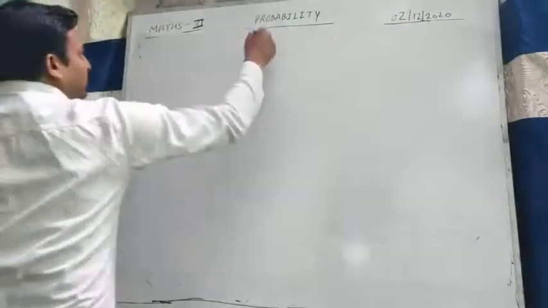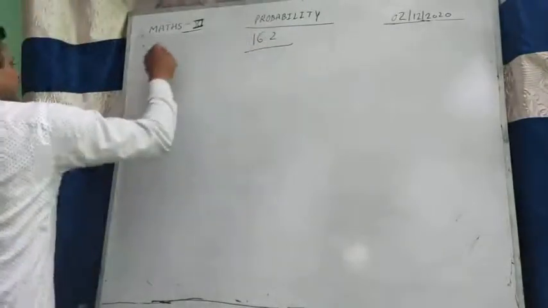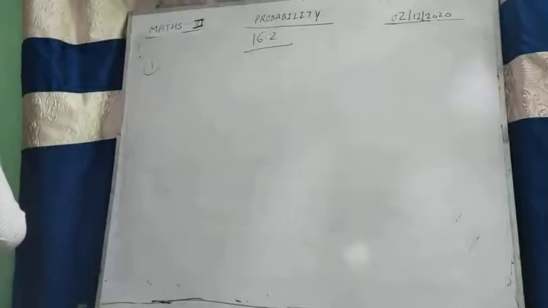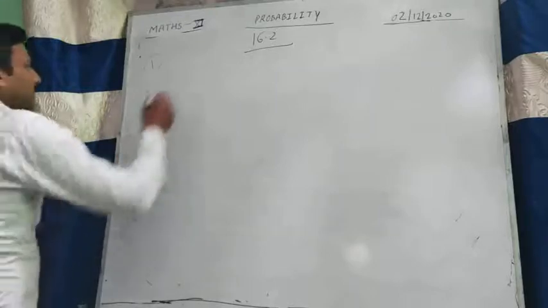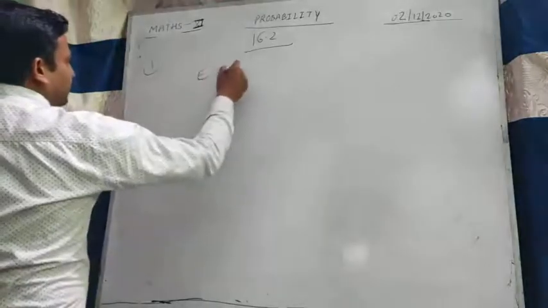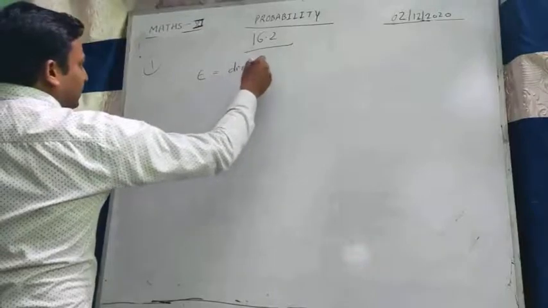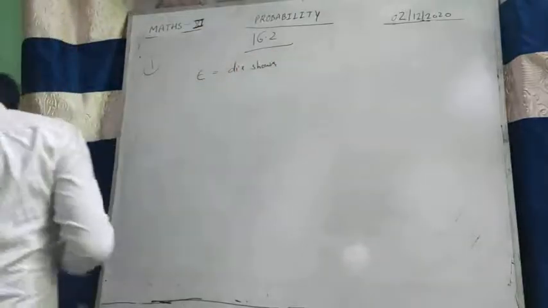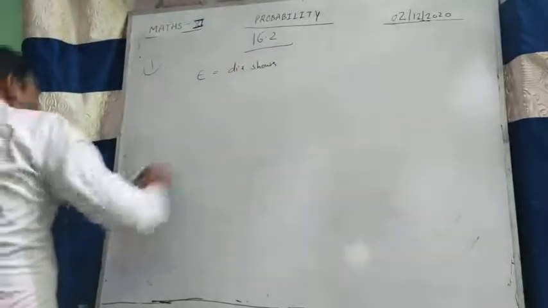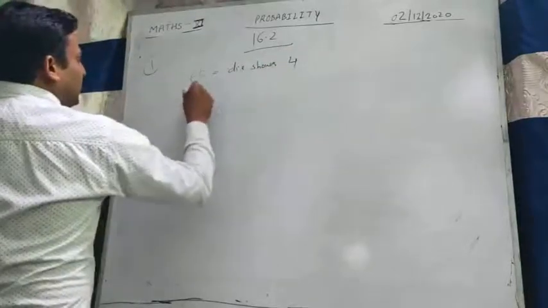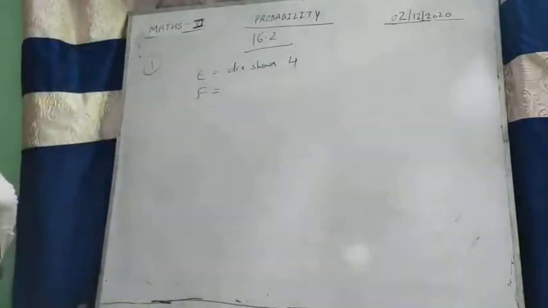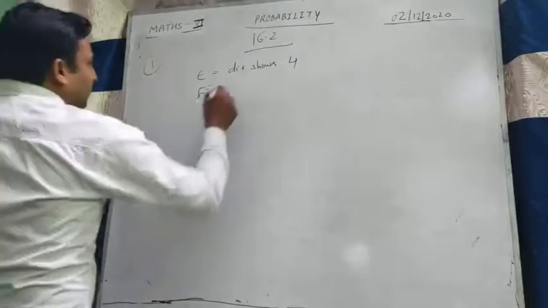So 16.2, first question is, a die is rolled. Let E be the event that the die shows 4, and F be the event that the die shows an even number.